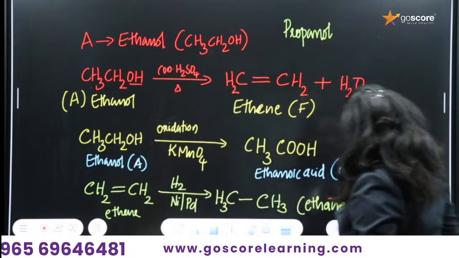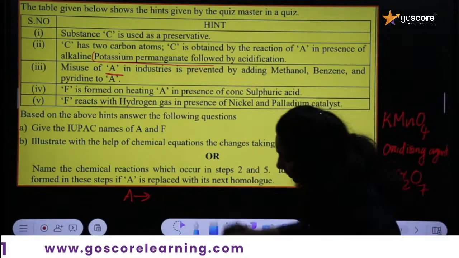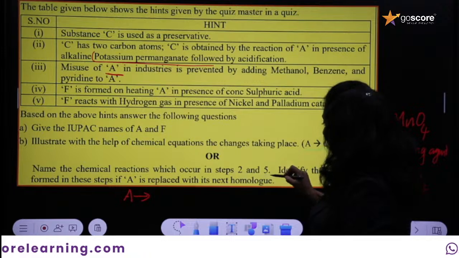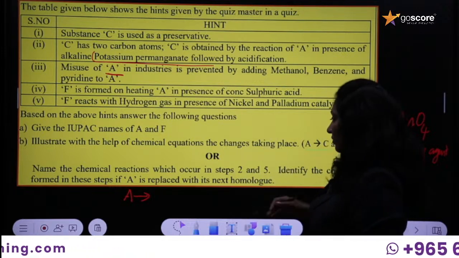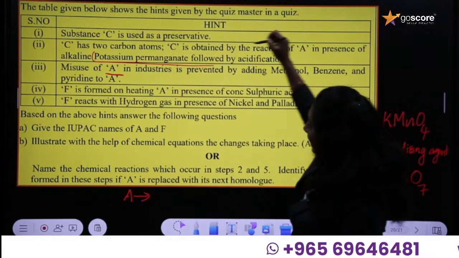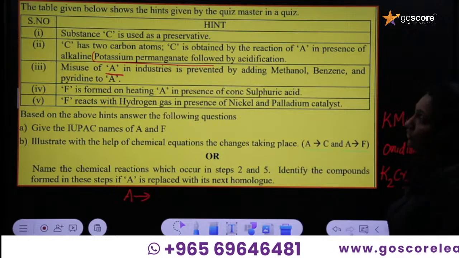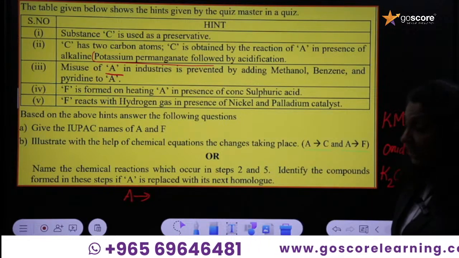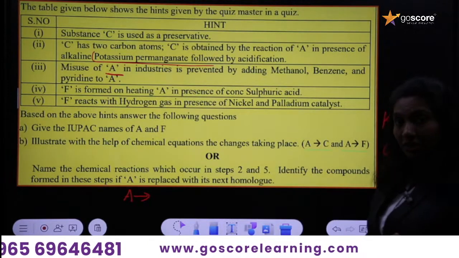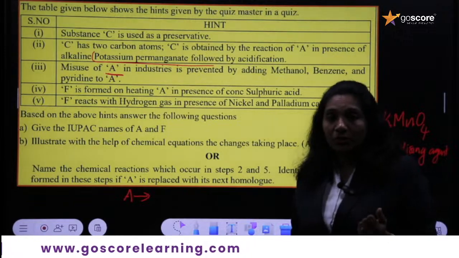So in step 2, if you are replacing A with propanol, your product formed will be propanoic acid, because propanol, when you carry out the oxidation in presence of potassium permanganate, you will be getting propanoic acid.